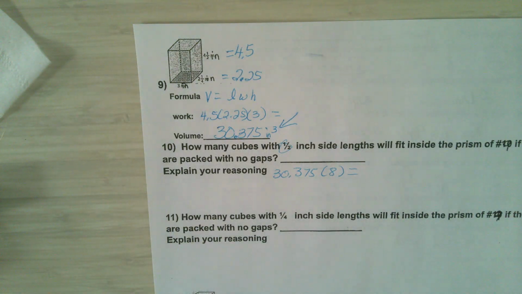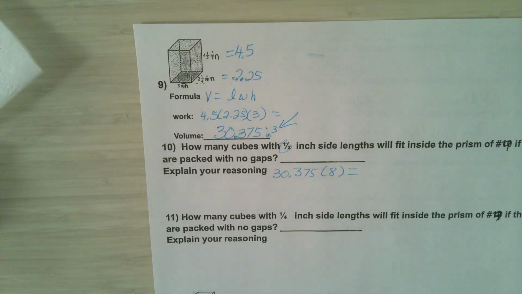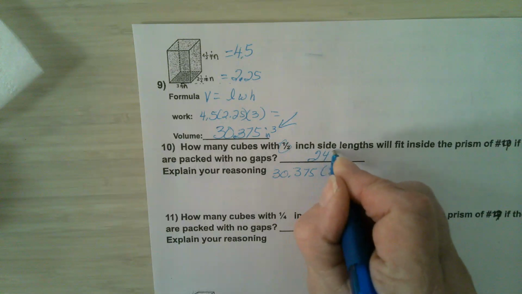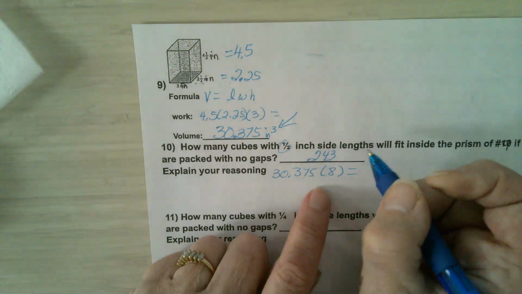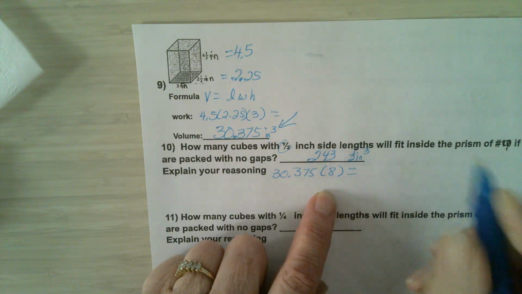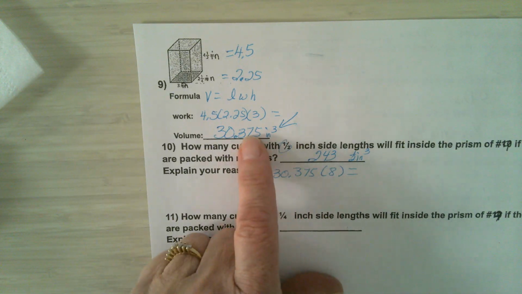Write that down. What do you get for your answer? I didn't multiply it. 30.375 times 8. What'd you get? 243. Now, it's not inches, it's 1/2 inches cubed. Okay, so that's how many 1/2 inches cubed would fit in there.